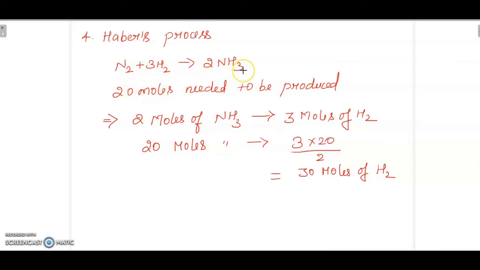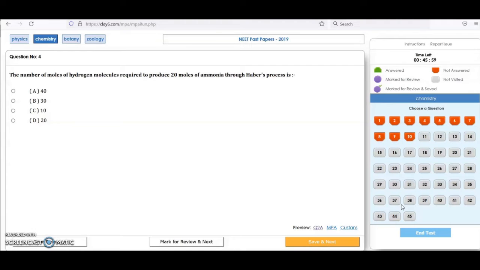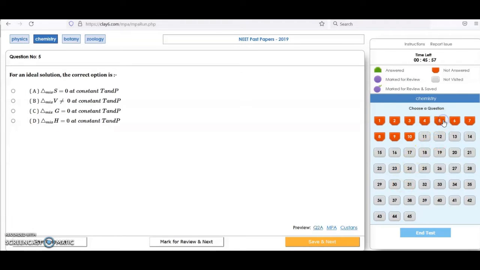By looking at the equation, we require 3 moles of hydrogen to produce 2 moles of ammonia. So if we want to produce 20 moles of ammonia, how much hydrogen do we require? It is just a unitary method, and if we cross multiply, we get 30 moles of H2.